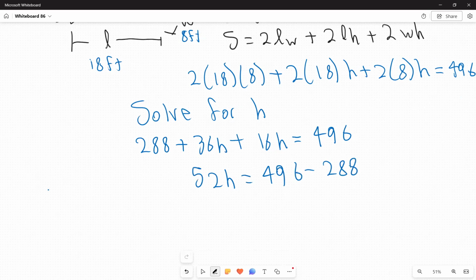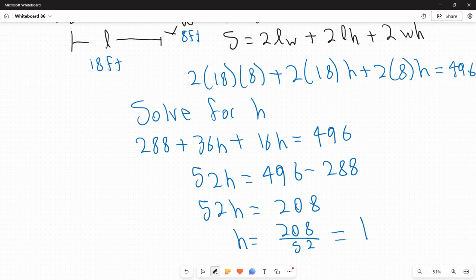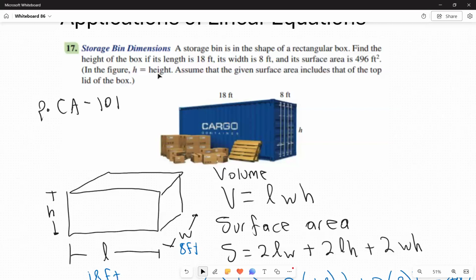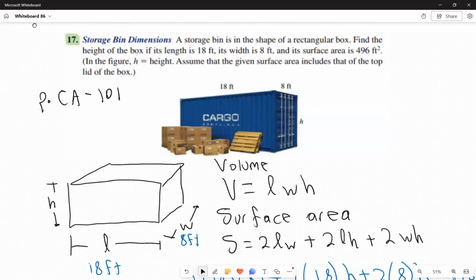So 496 minus 288 is 208. And finally, pass the 52 to the other side dividing. 208 over 52 is 4. And that's it. The height of the box is 4 feet.